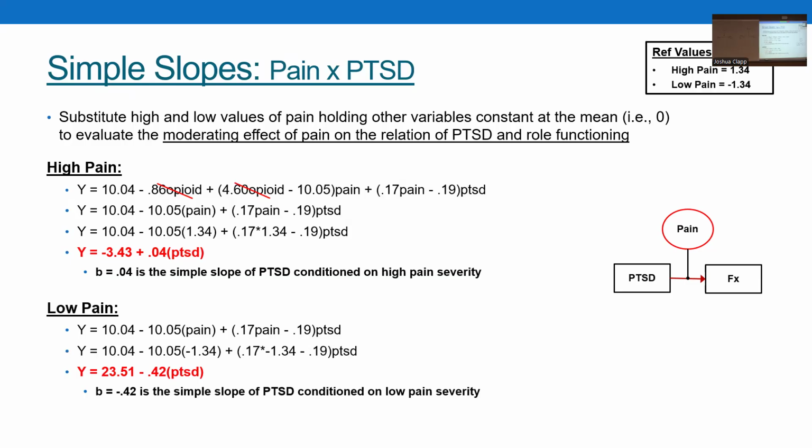So again, here's my intercept, and now what I'm saying is, conditioned on low levels of pain, for every unit increase in PTSD, there is a 0.42 unit decrease in functioning.